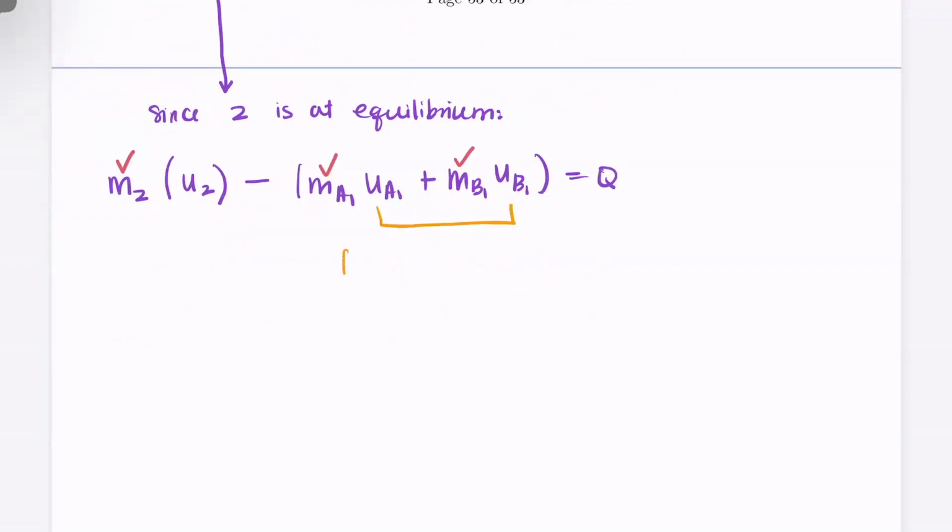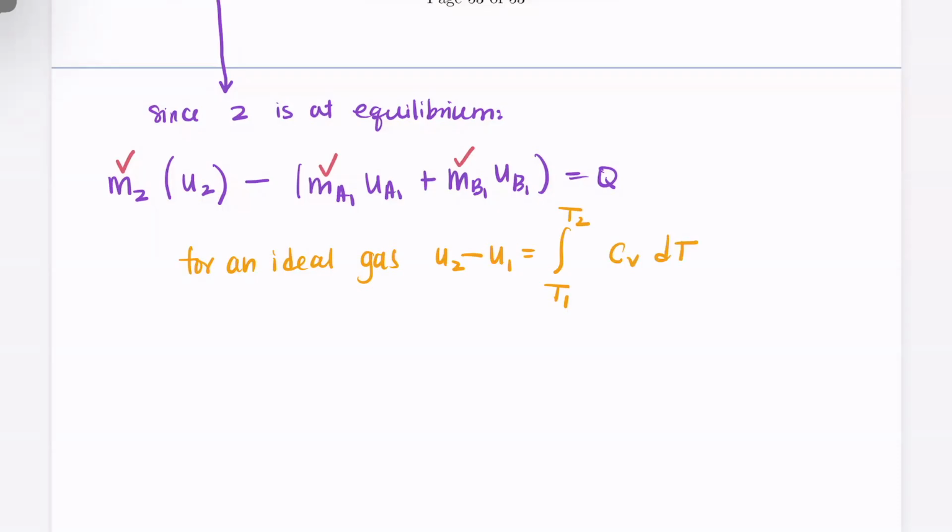So for an ideal gas, we know that U2 minus U1 is equal to the integral from T1 to T2 of CV dT. All right, so I am going to algebraically massage this a little bit. So I'm going to say M2 is equal to MA1 plus MB1, right?